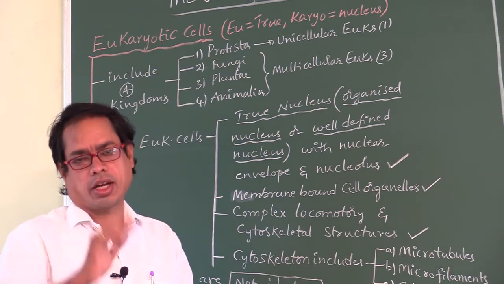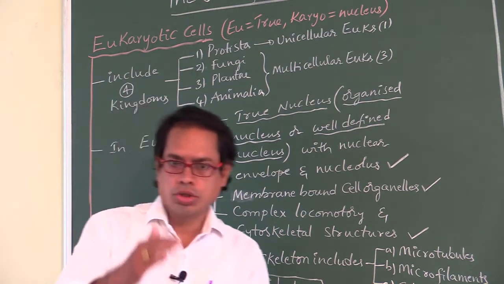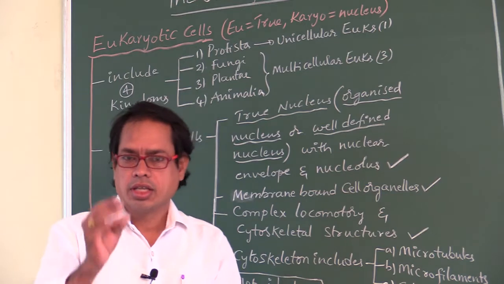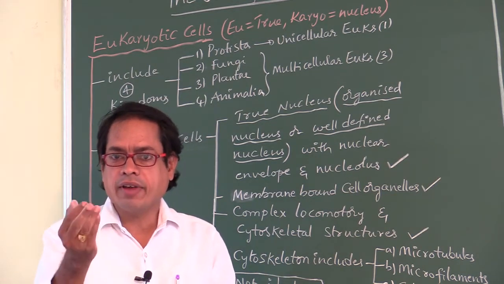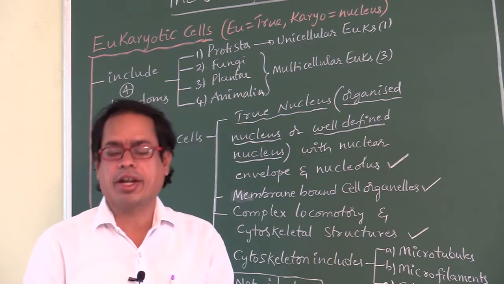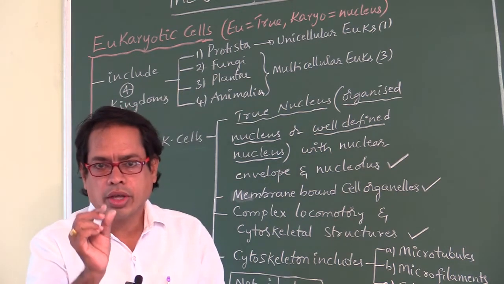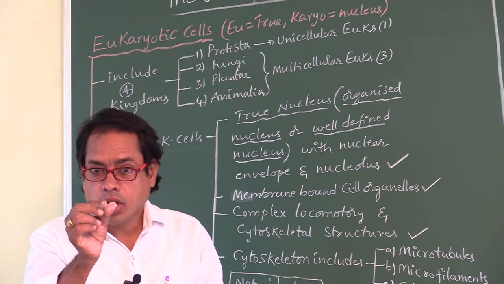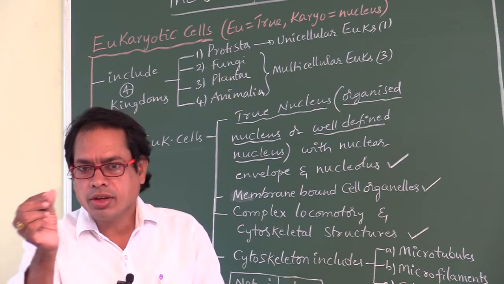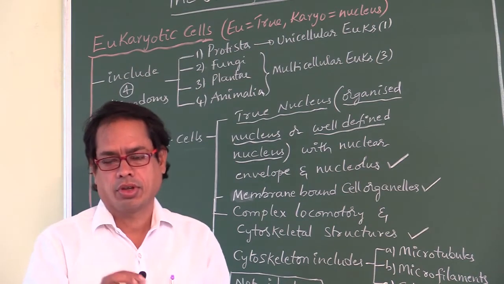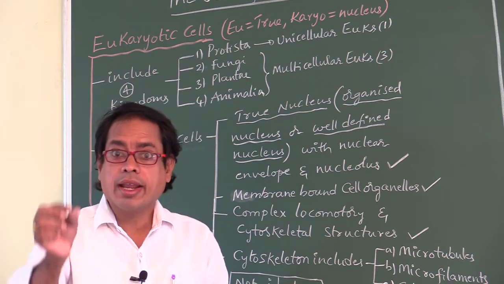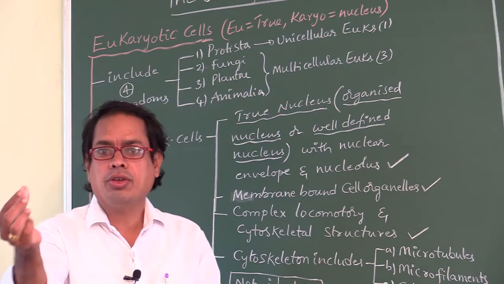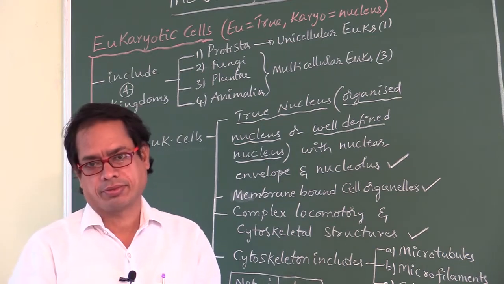Both the statements are correct. Prokaryotes are smaller in size than eukaryotic cells, and they divide more rapidly than eukaryotic cells.